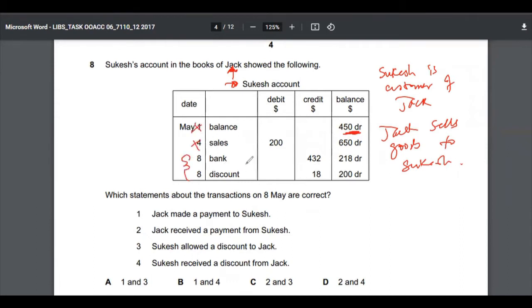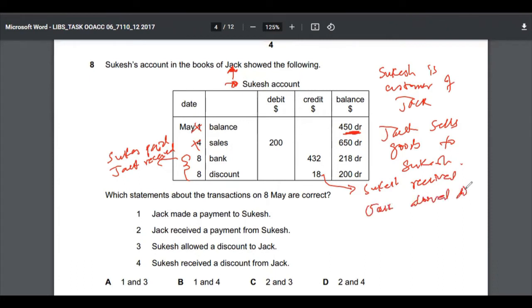So if you look at it, basically what has happened is, Sukesh basically paid, Jack received. That's one part of the transaction. And then for this transaction, $18, Sukesh received discount, or Jack allowed discount.